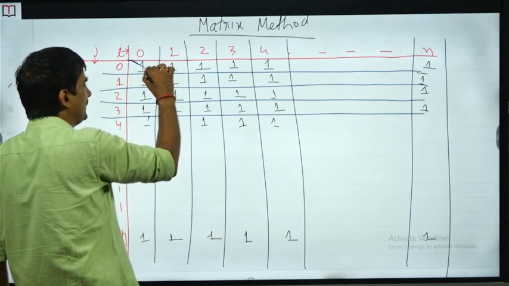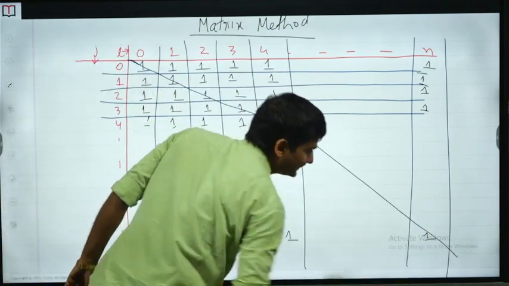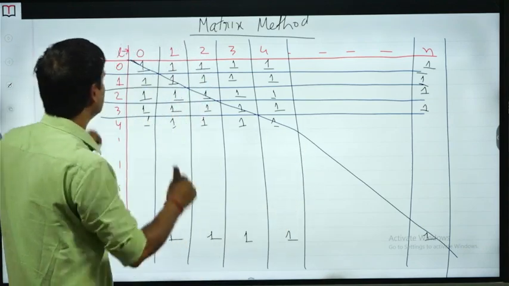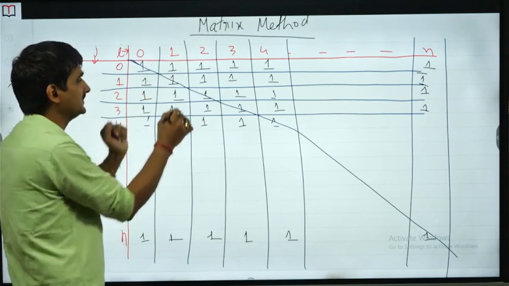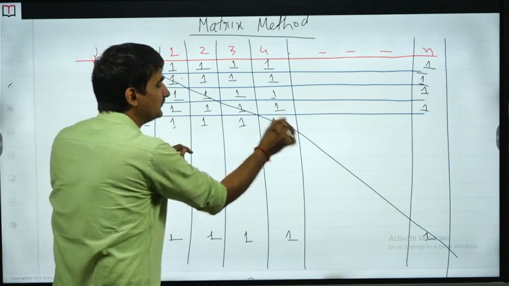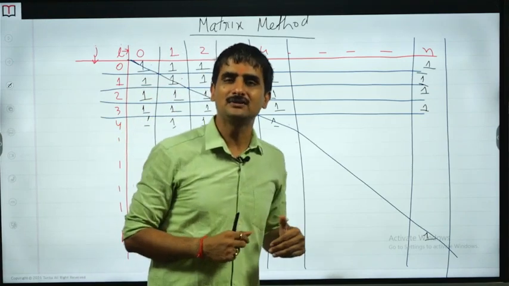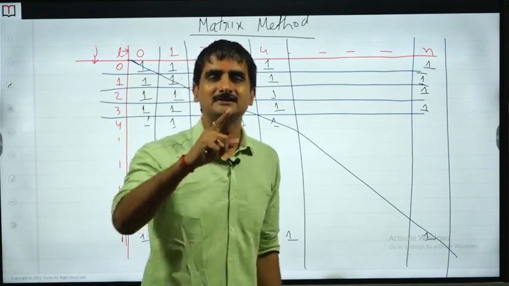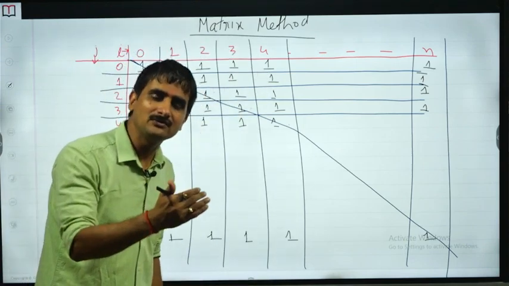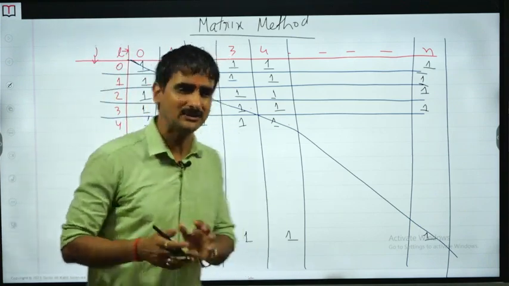If I move along the diagonal, the positions are 0 0, i is equal to j, this is 1 1 position, i is equal to j, 2 2, 3 3, 4 4. What does that mean? That means on either side of the diagonal, one will be greater than the other. i is greater than j on one side of the diagonal, and i will be less than j on the other side of the diagonal. Okay, let's see.